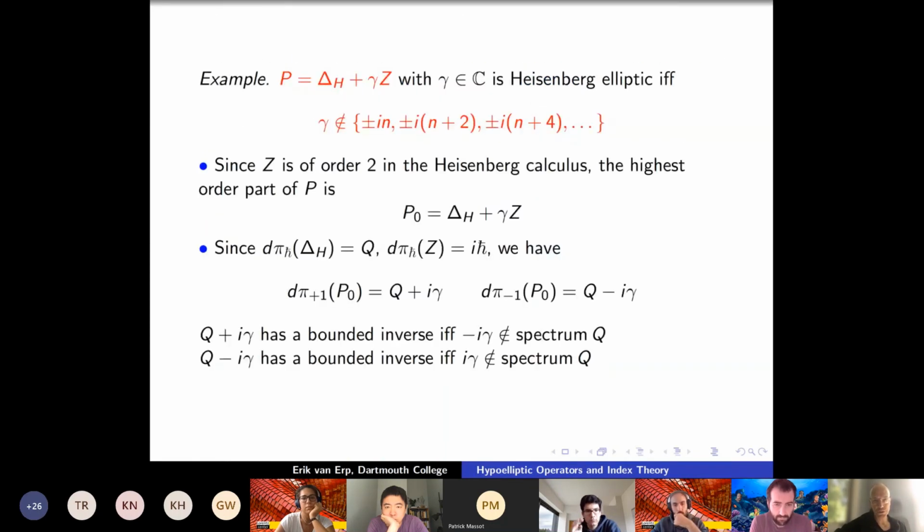Here we're on the group, and I say it's Heisenberg elliptic if and only if, that's just a definition. But this is hypoelliptic if and only if gamma is not one of those values. So for the Heisenberg group, with a constant coefficient operator, the answer is yes: hypoelliptic if and only if gamma is not one of those values. If you make it equal to i n, it will not be hypoelliptic.